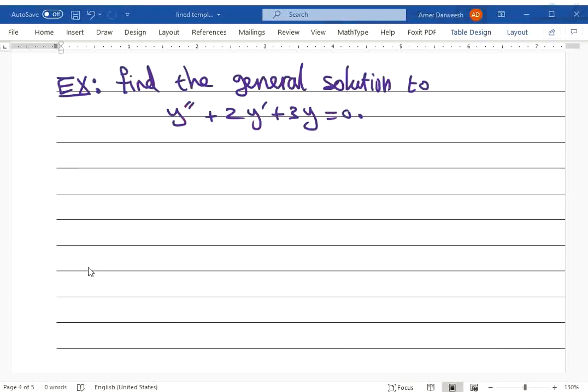The first example, find the general solution to the equation y double prime plus 2y prime plus 3y equals to 0. إذا خلينا نبدأ بالauxiliary equation.